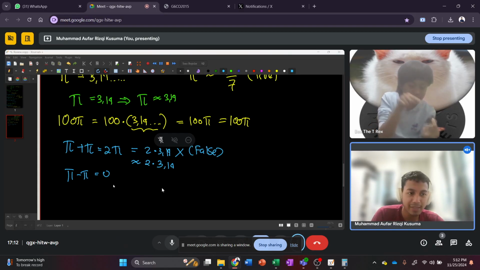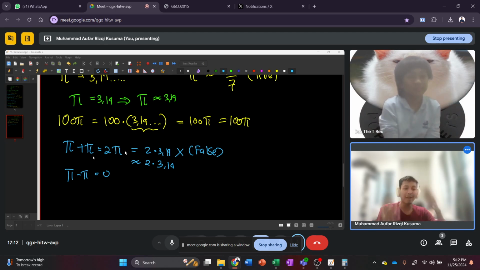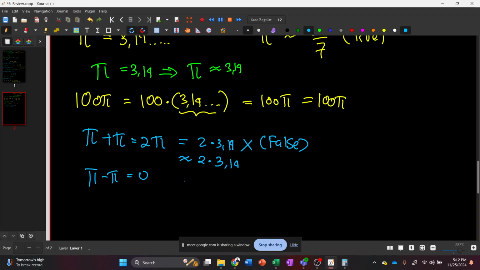Because you have pi, and then you subtract pi, of course the remainder will be 0. It's like 1 minus 1. So in conclusion, pi is a number, because it still obeys the rules.